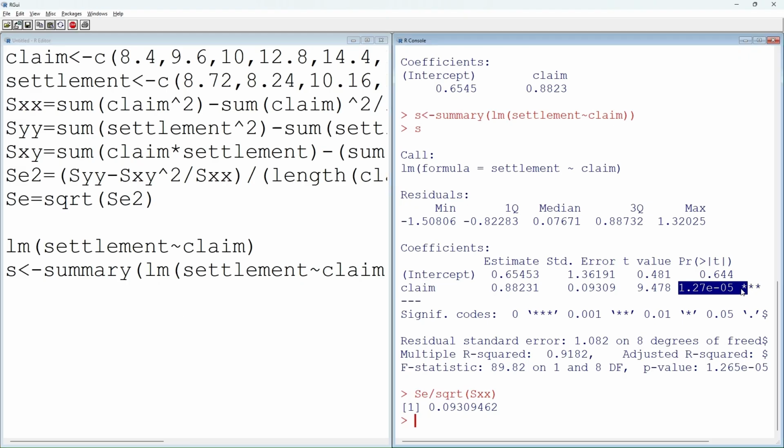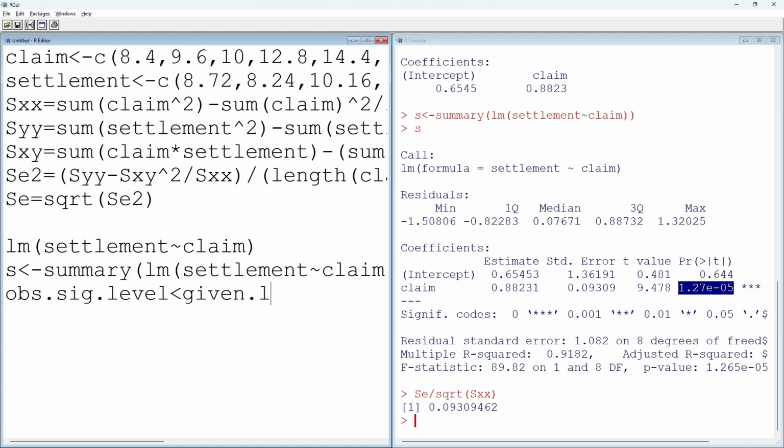That p-value is very important. Because if the p-value is smaller than 0.05, which is your given level of significance, and the p-value is what we call the observed level of significance, all right, if the observed level of significance is less than the given level of significance, we will need to reject the null.